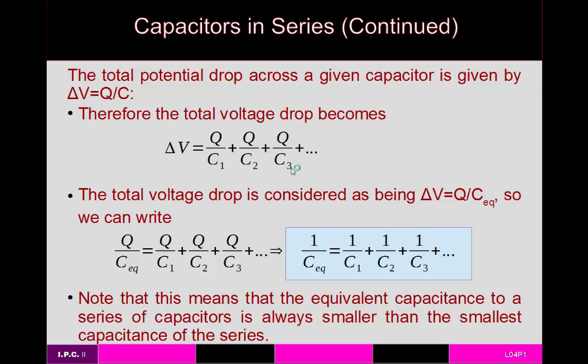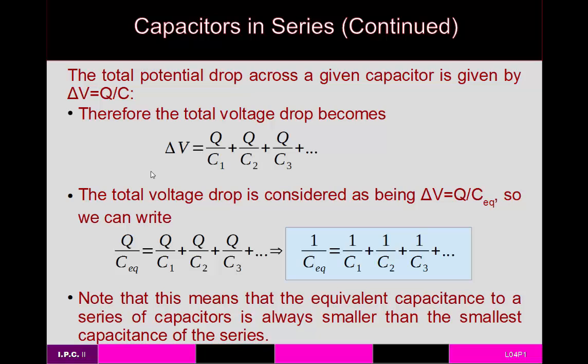Here's delta V2, here's delta V3, etc. And this one, in turn, for the equivalent capacitor, could be written as Q over C equivalent. And again, same charge on this equivalent capacitor.